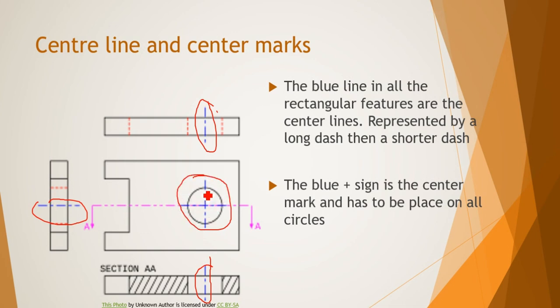This is our center mark and is placed on all circular features, that is, at the circle directly. You place it on the face of the circle directly. So I hope that makes it more clear.